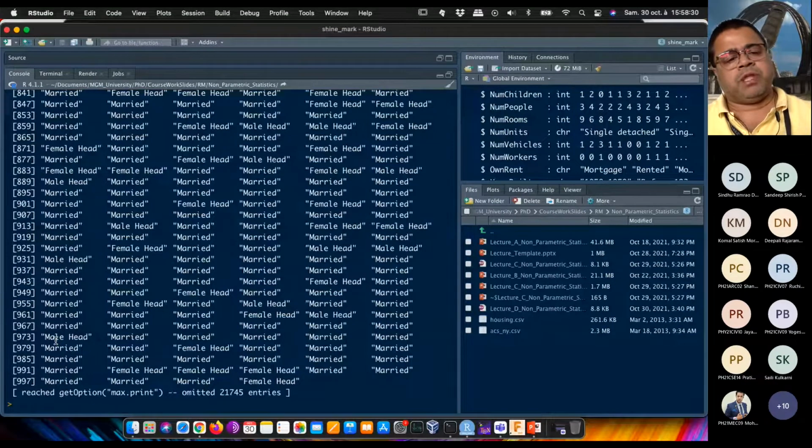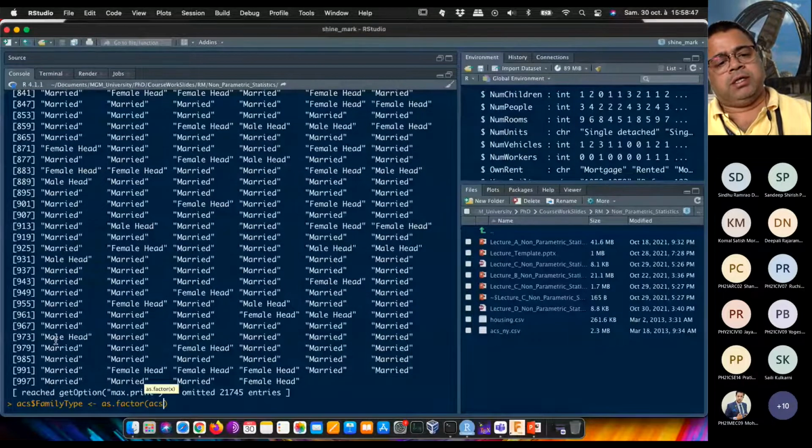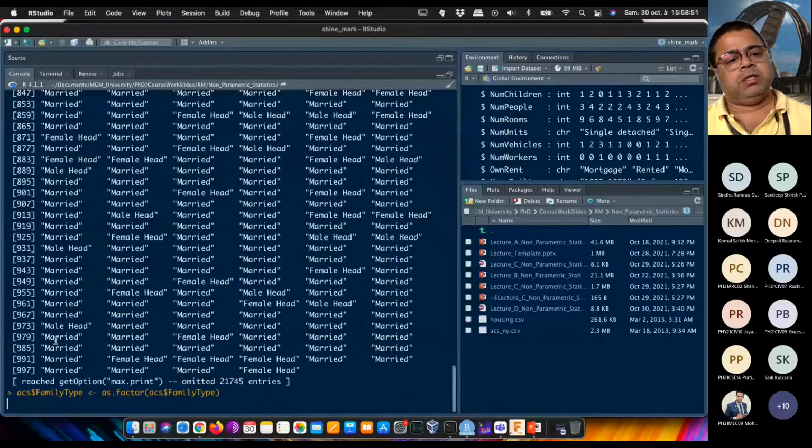So I have to convert this family type into a factor field. I can do it like this: as.factor, ACS dollar family type. I just have to do that, and there you go.